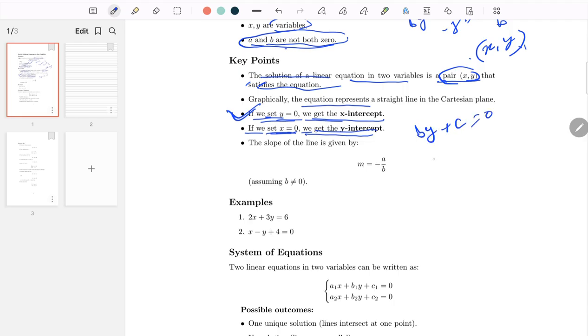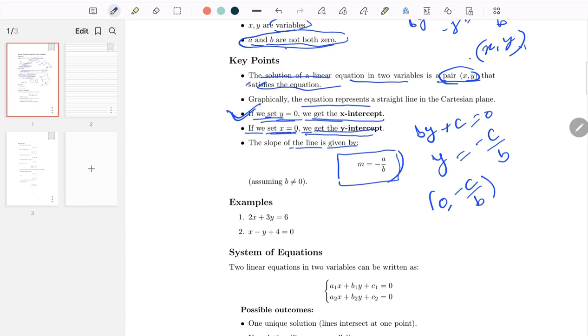So y equal to minus c by b, and the y intercept is 0 and minus c by b. And the slope of the line is m equal to minus a by b.